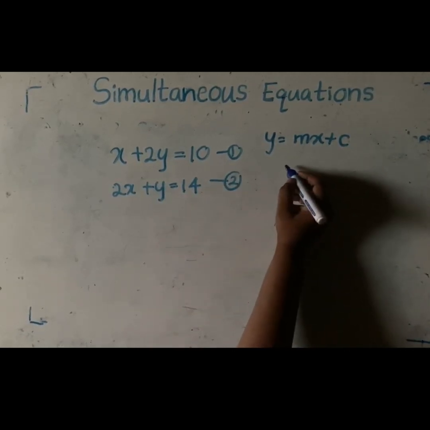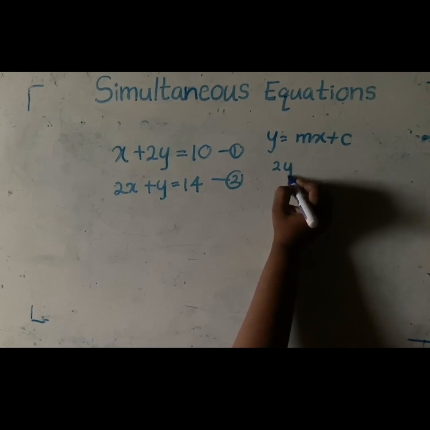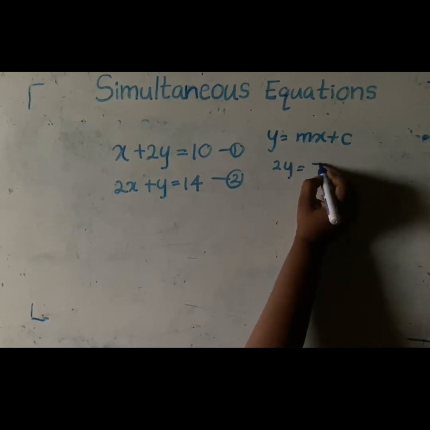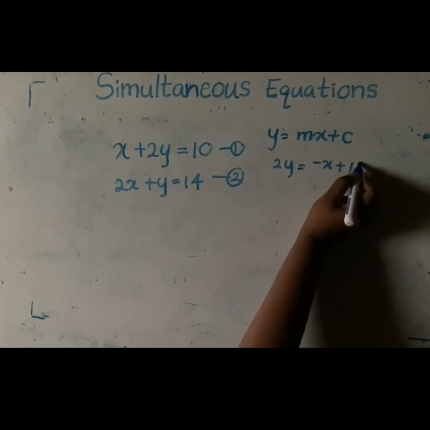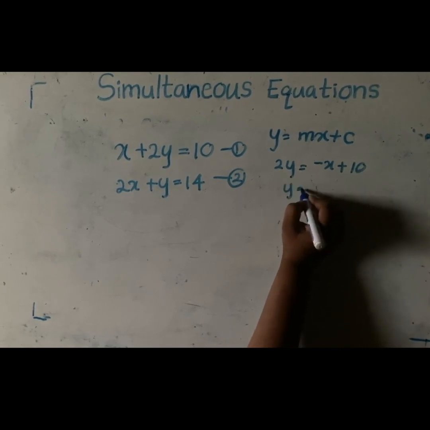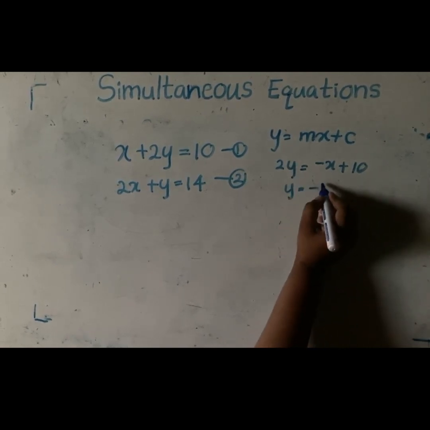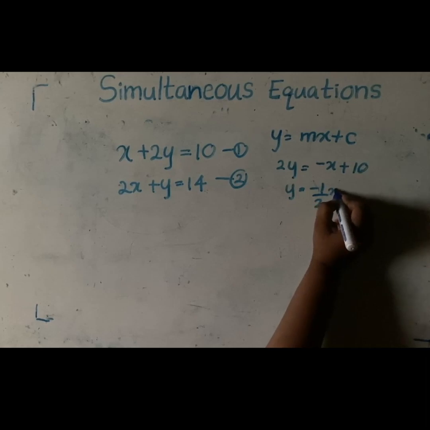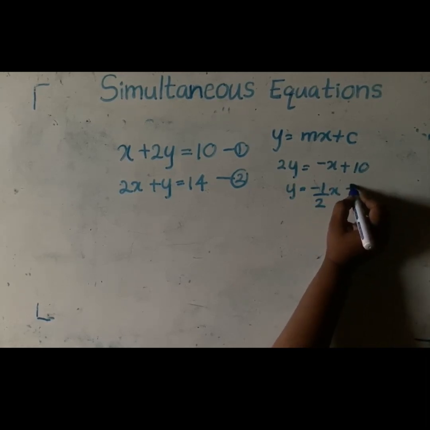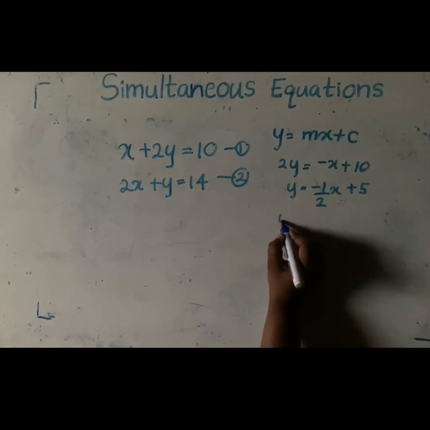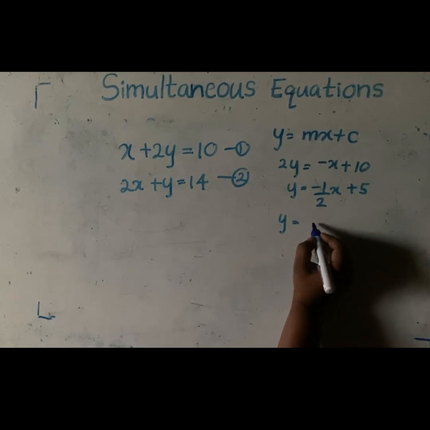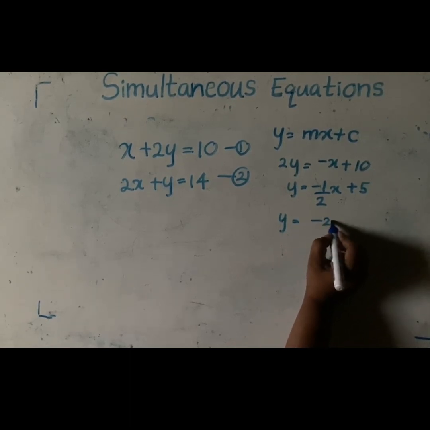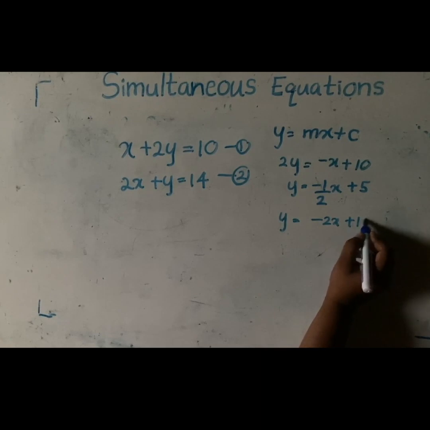Taking my first equation, 2y equal negative x plus 10. Then I want just y only here, so y equal negative half x plus 5. Taking my second equation, y equal negative 2x plus 14.